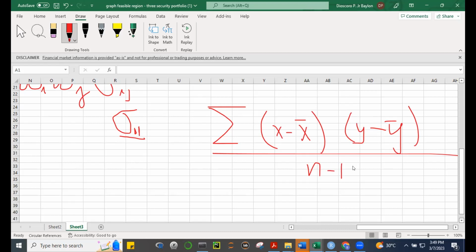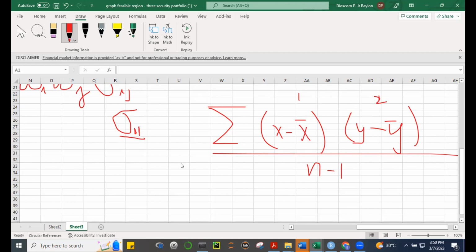So take a look at this, class. X minus X bar, Y minus Y bar. This is your asset 1, this is your asset 2. That's what covariance is all about. But since asset 1 and asset 2 are the same, because you're getting the covariance of asset 1 with asset 1, this will be the same. So that's X minus X bar times X minus X bar also. That will be the summation of X minus X bar squared over n minus 1.